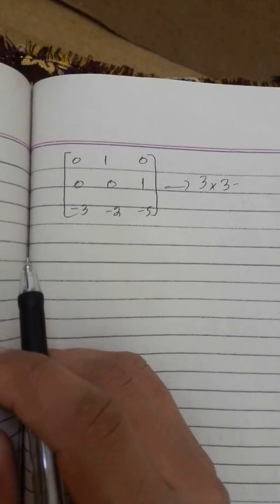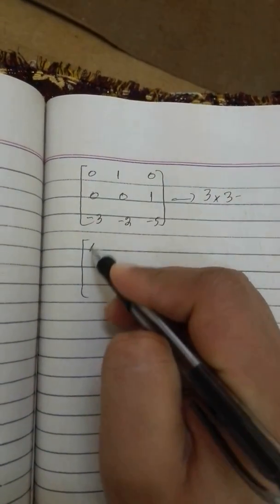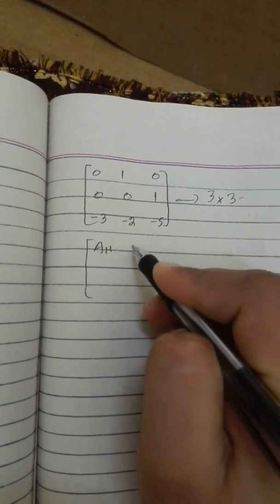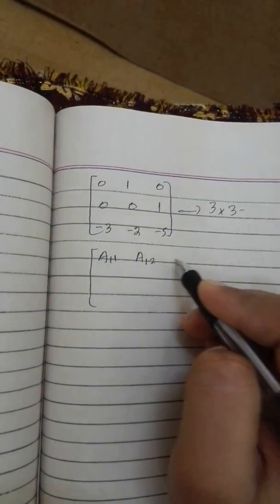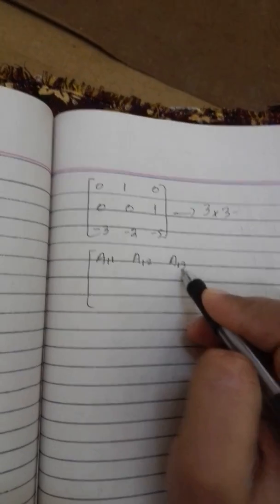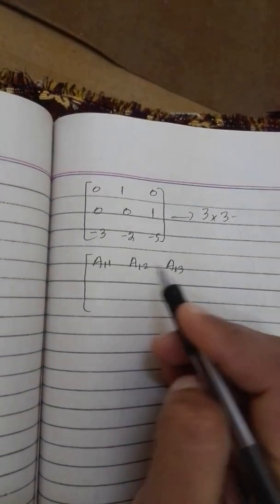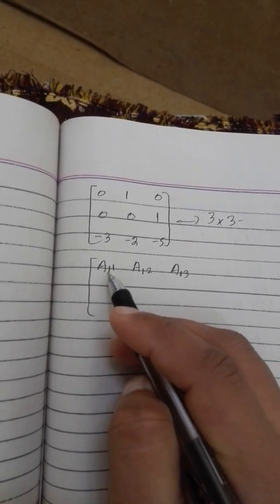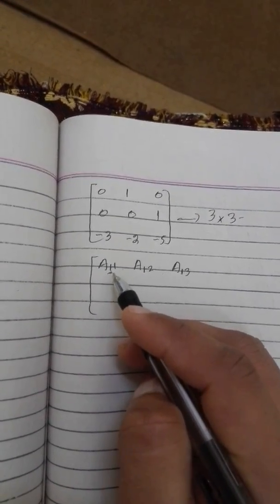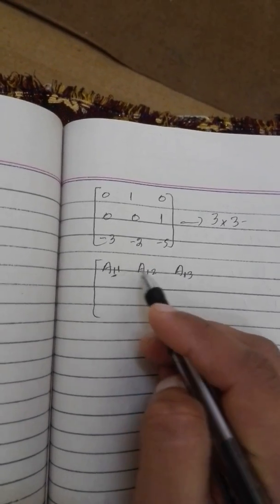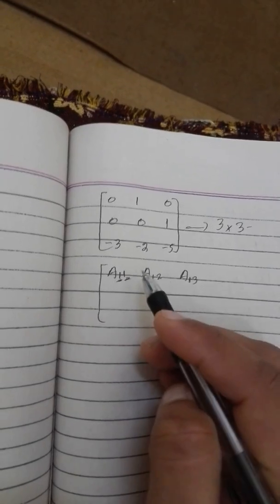For this matrix, first we have to find the cofactors A11, A12. I am giving the subscripts 11, 12, 13 in the sense that the first figure in the subscript indicates the row, and the second figure indicates the column number.